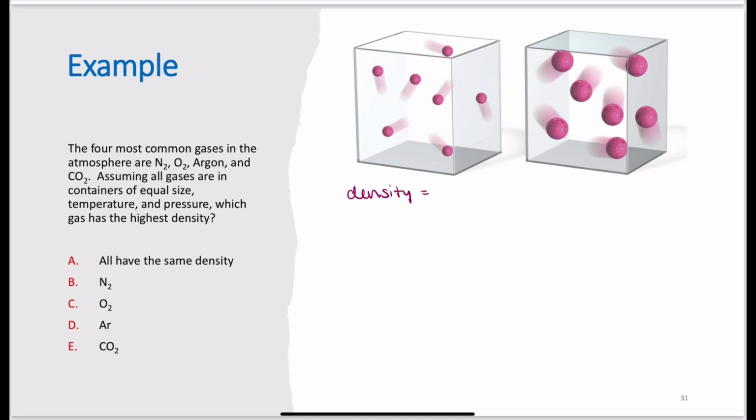Density is your mass over your volume. If all gases are the same volume, pressure, and temperature, the sample with the highest mass will have the highest density.